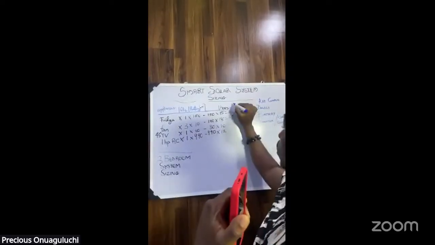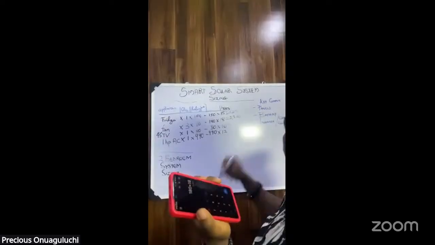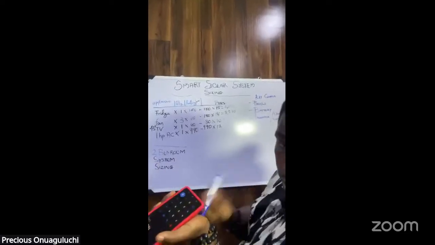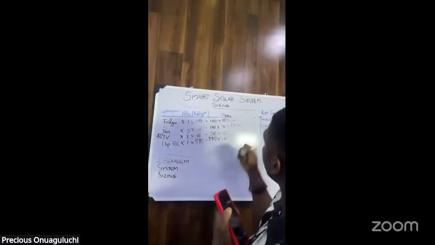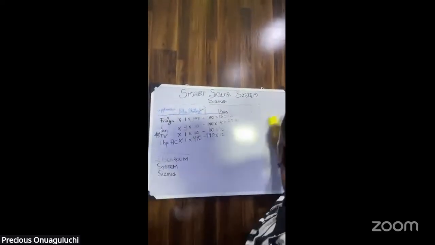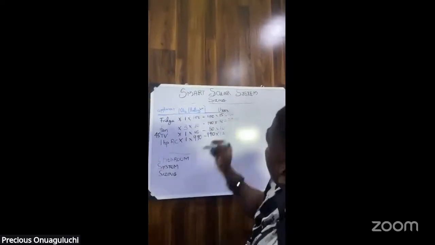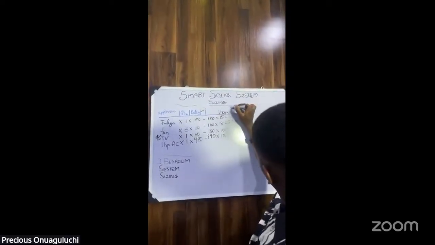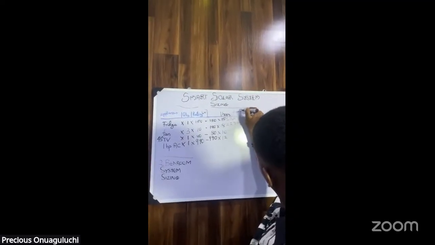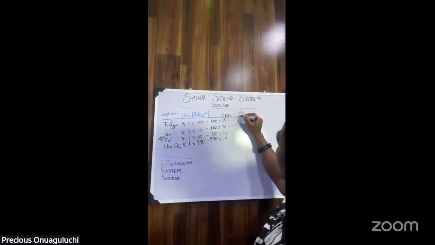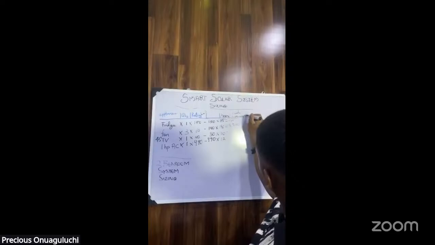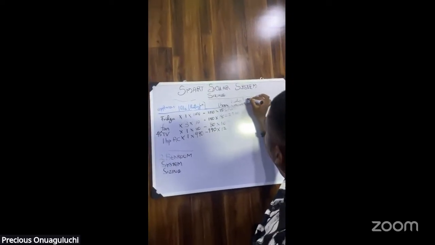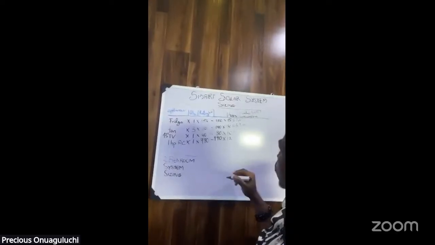The figure we're getting right now is our daily consumption, and the unit of our daily consumption is watt hour, right?